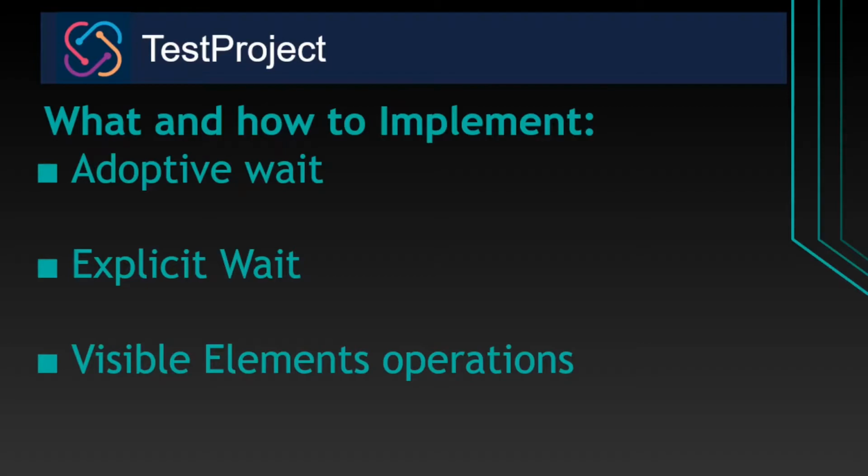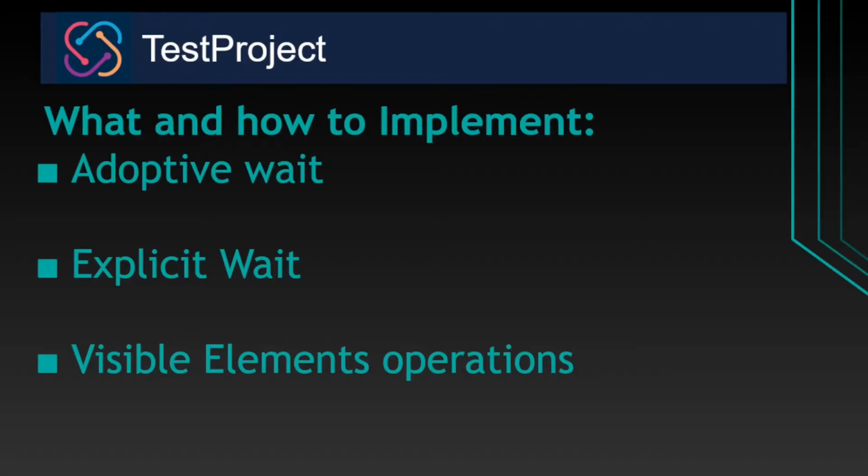If you define 20 seconds, it need not wait until 20 seconds because it is an adaptive wait. As soon as the application is loaded and the corresponding elements are loaded, it moves on to the next step. So that's the advantage of adaptive wait. How can we use this with TestProject? I'm going to tell you in a minute.